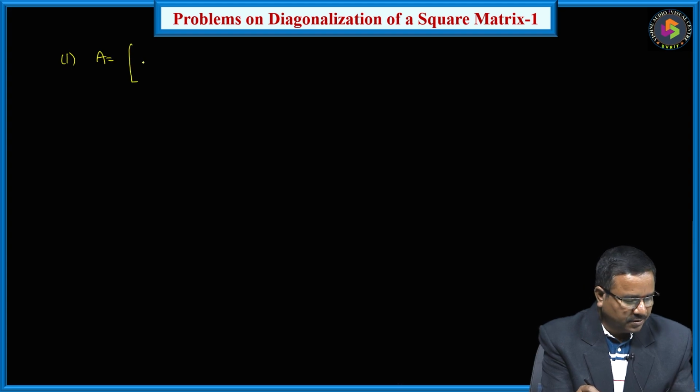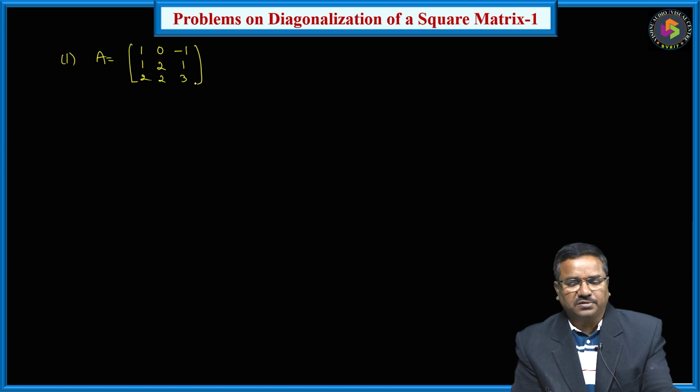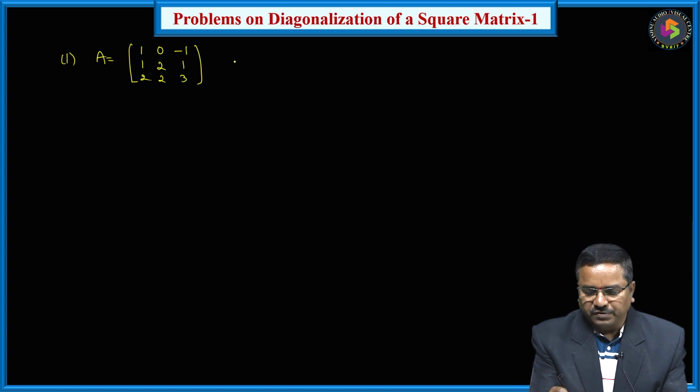The first problem we already worked out. The matrix A is [1 0 -1; 1 2 1; 2 2 3]. We did this problem in the previous class, and for this we got eigenvalues 1, 2, 3, because the matrix is non-symmetric.